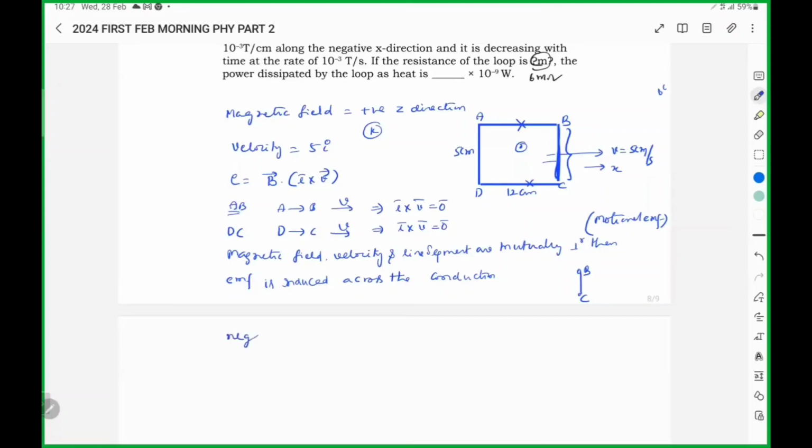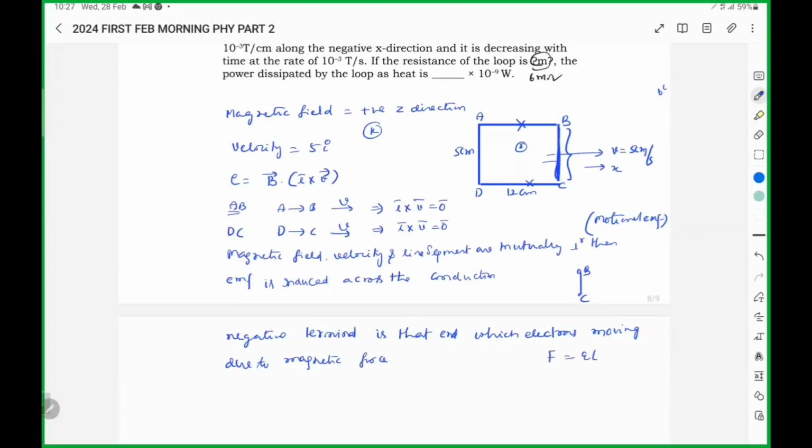Here, negative terminal is that end to which electrons are moving due to magnetic force.